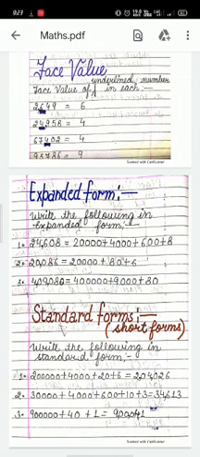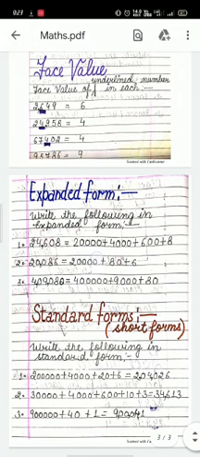For example, here 24,608 is given. We have to write an expanded form. We write 2, then 2 is on the place of 10,000. We will mark 10,000.